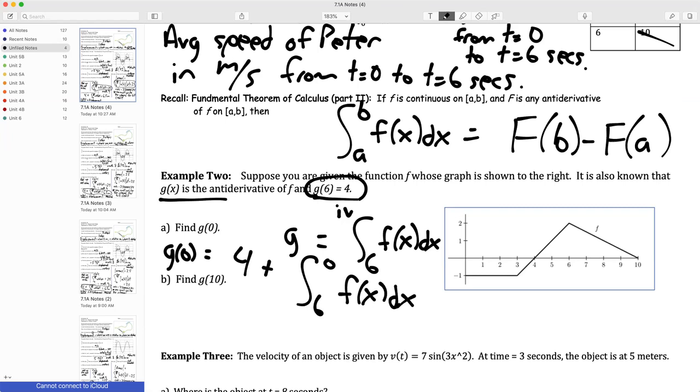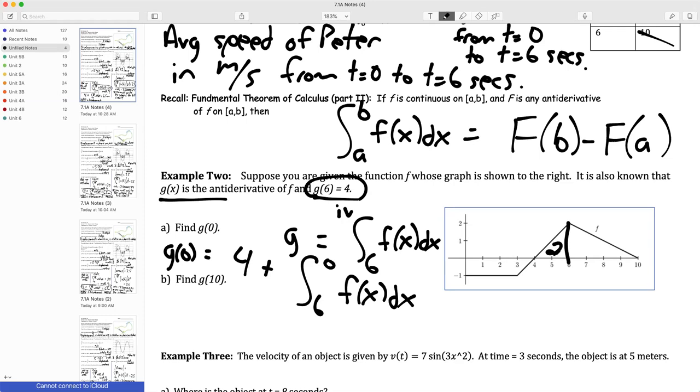Now, how do I get the integral from 6 to 0? Well, I don't have an equation, so I've got to use the graph of f and find the area under the curve. I'm going to start here at 6, because that is the point that they give me. Look, I've got a triangle here that has a base of 2 and a height of 2.